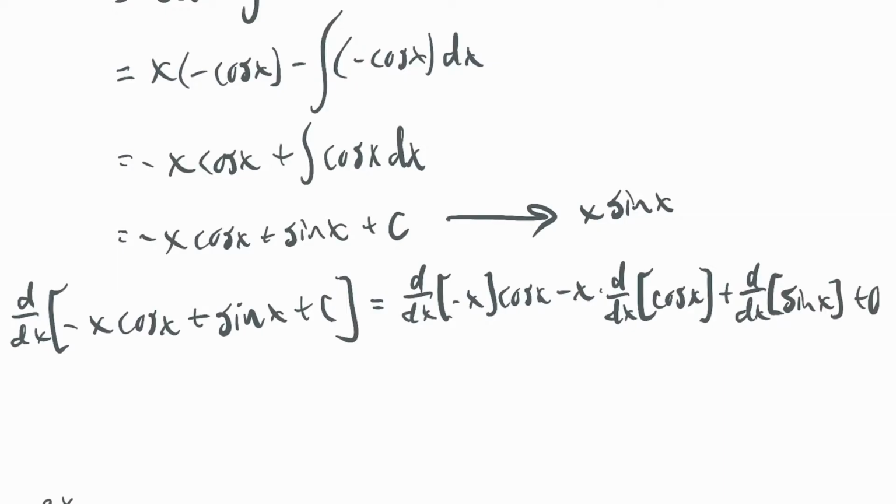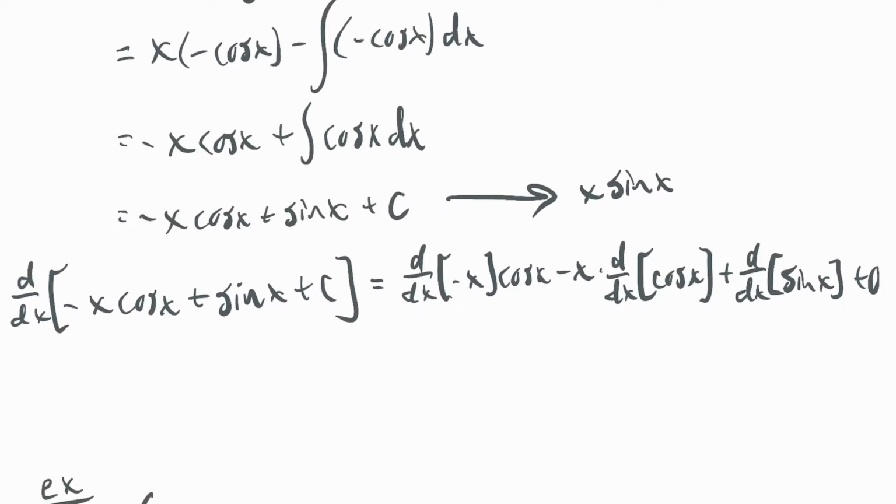The derivative of c is 0, of course. So this will be negative 1 times cosine, so negative cosine x, minus x times, well, the derivative of cosine is negative sine x, right? Plus, well, the derivative of sine is cosine x.